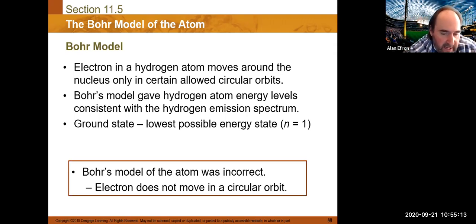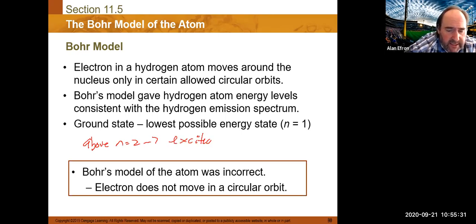Bohr's model gave the hydrogen atom energy levels consistent with the emission spectrum. Again, as I mentioned before, n equals 1 is considered the ground state. And anything above n equals 1, n equals 2 through 7, are referred to as excited states, which again are higher in energy and further away from the nucleus.